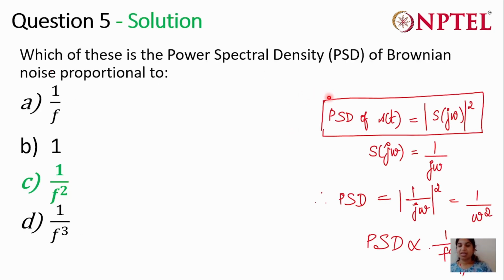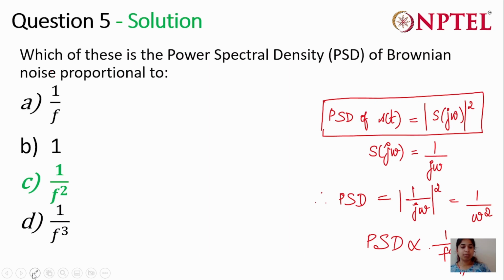If we have to find the power spectral density of s of t, it is the mod square of the Fourier transform of x of t. So it is mod of S of j omega the whole square. Now, the Fourier transform of Brownian noise S of j omega is 1 by j omega. To find the power spectral density, we take the mod square of 1 by j omega. So it is 1 by omega square.